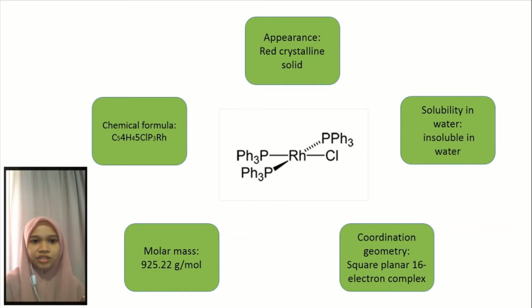The coordination geometry is a square planar 16-electron complex, and the molar mass is 925.22 grams per mole. That is the chemical formula, C54H45ClP3Rh.